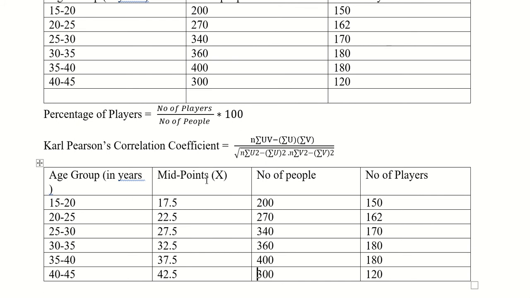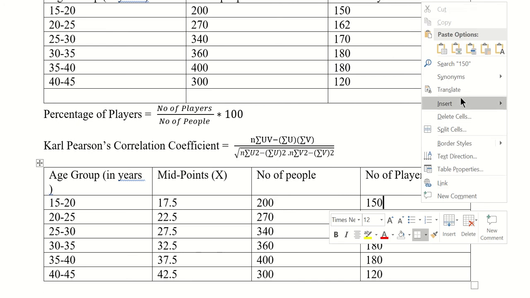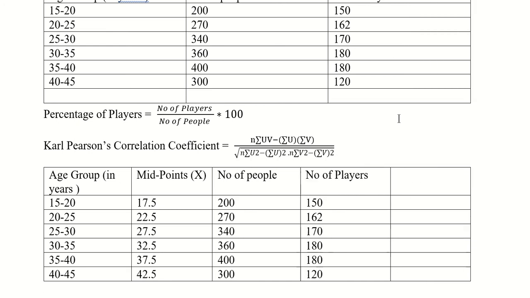Now we have number of people with us and number of players with us. Now we have to calculate percentage of players, which we'll calculate by the above formula, and we'll call it y.